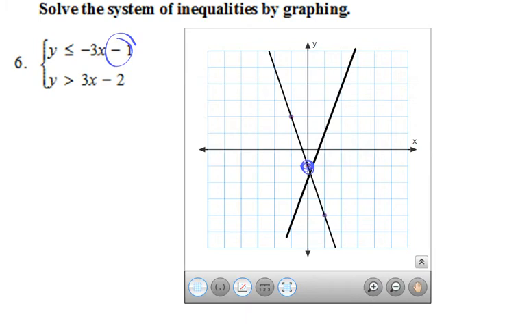And we have a slope of negative 3. So I'm going to go down 3 and over to the right 1 right there. And that creates this line right here. Okay? So that's the first line graphed. Now it's less than or equal to, so it's a solid line and it's shaded below.